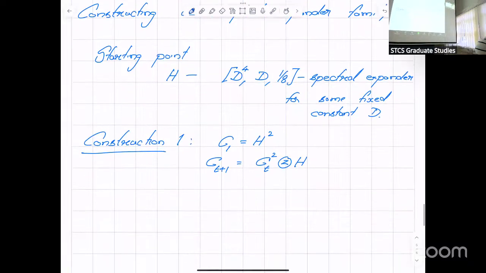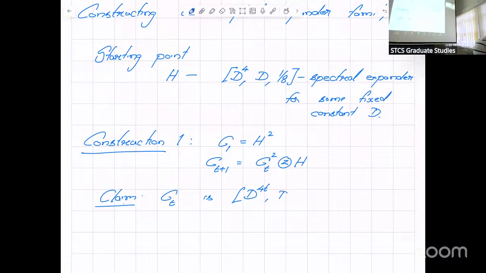And the claim is going to be: GT is a D power 4T, D square, 1/2 spectral expander.